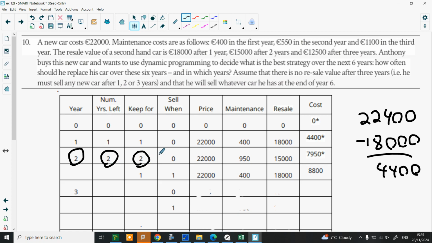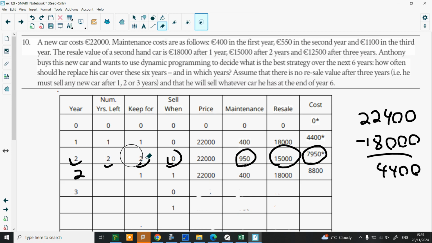You're going to keep it for 2 years and sell it when there's no time left. Sorry, the lack of 2 confused me. All right. So that means you're going to keep it for 2 years, which means 2 years of maintenance. Selling price of 2 years old, 7,950. Now, the next question is very easy. See the way it's year 2.